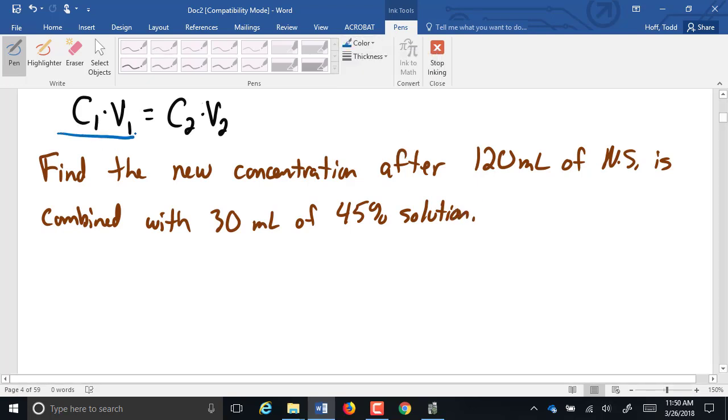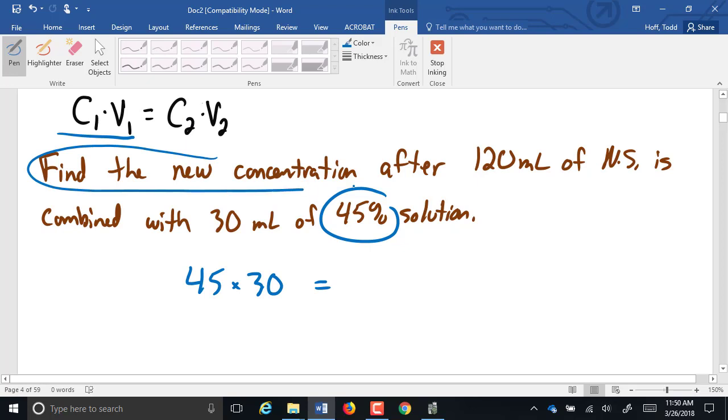So again, C1, V1. We're going to start with the one that we have both for. We started with a concentration of 45%. And again, we can make that 0.45, or we can just leave it as 45, as long as we do the same with all of our concentrations in this problem, times the volume V1 of 30 milliliters. And that has to equal C2, but we're trying to find that new concentration.